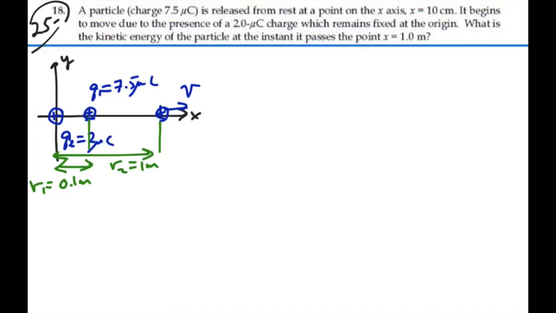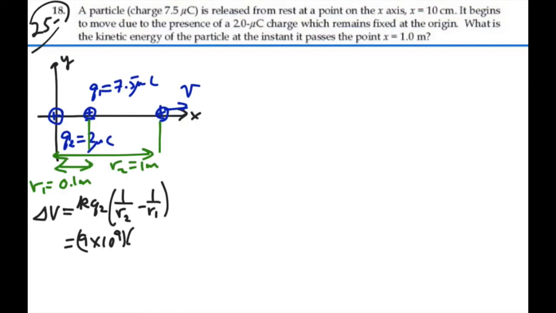Well, let's find our change in potential due to charge Q2. That's going to be equal to kQ2 times (1/R2 minus 1/R1). And that would be 9 times 10^9 times Q2, which is 2 microcoulombs, times 1 over 1 meter minus 1 over 0.1 meters.